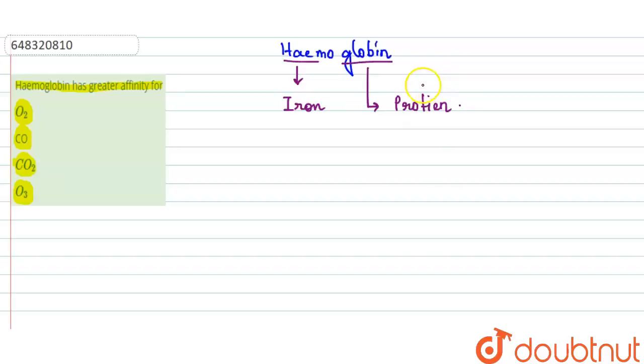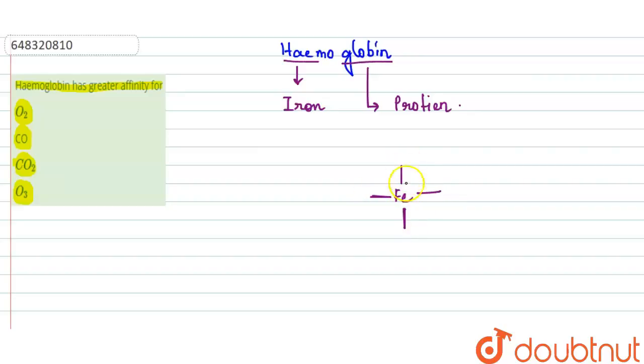So basically hemoglobin is a compound which is nearly spherical, actually a tetrameric compound, where the centralized element present is iron. Iron has coordination number 6.